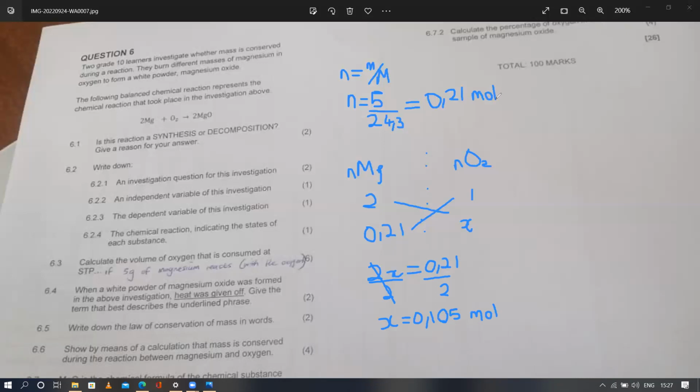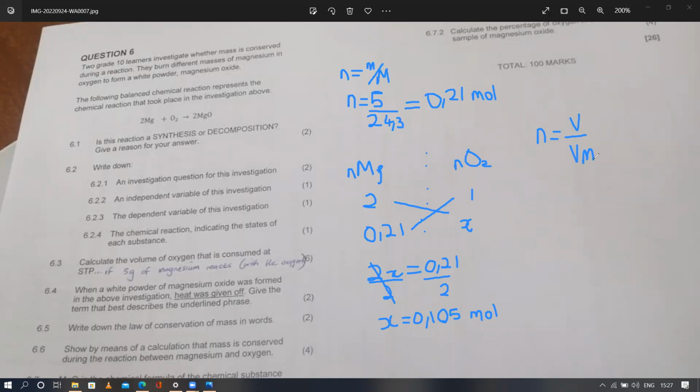So now they want you to calculate the volume of oxygen at STP. You remember that if you go to the back of your formula sheet, you'll have the number of moles is equal to the volume divided by the molar volume. Do you remember this?